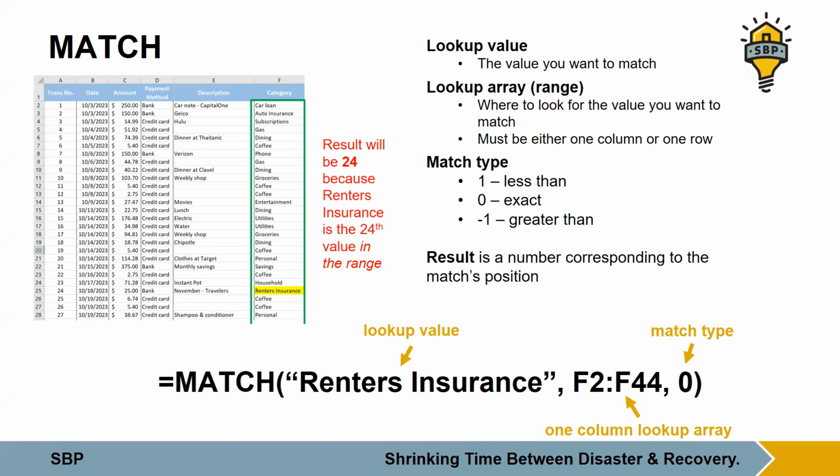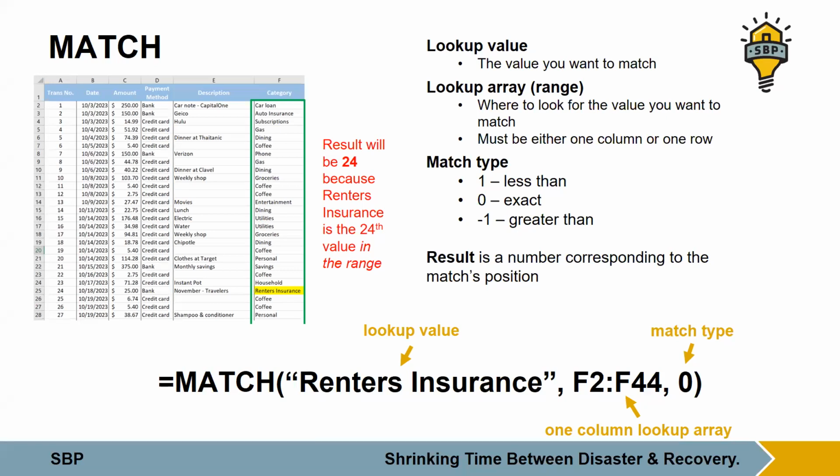And then the match type is similar to the true/false thing. Also I want to note, you do not have to remember these things, Excel will prompt you for that. And I will show you in a second. But basically 1 is less than the value. So if you're talking about numeric values, that's helpful, but it's not when you're searching for text as your lookup value. 0 is exact. Again, that's going to be your most common case.